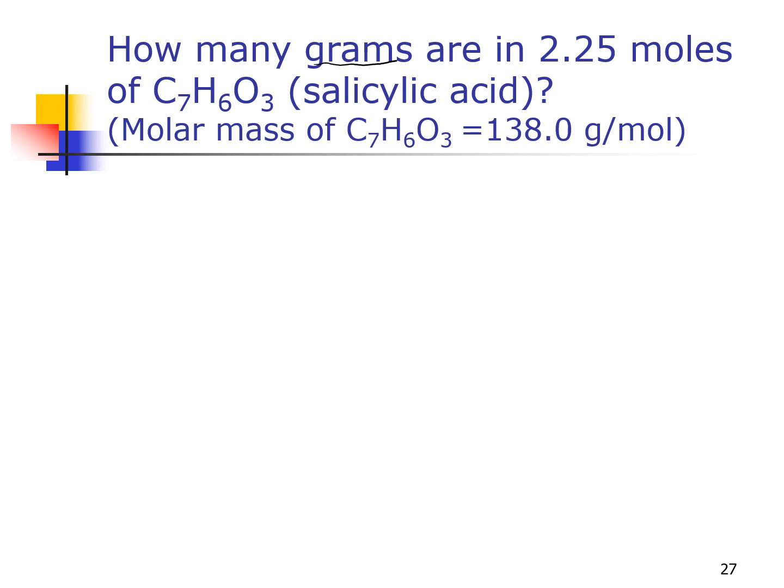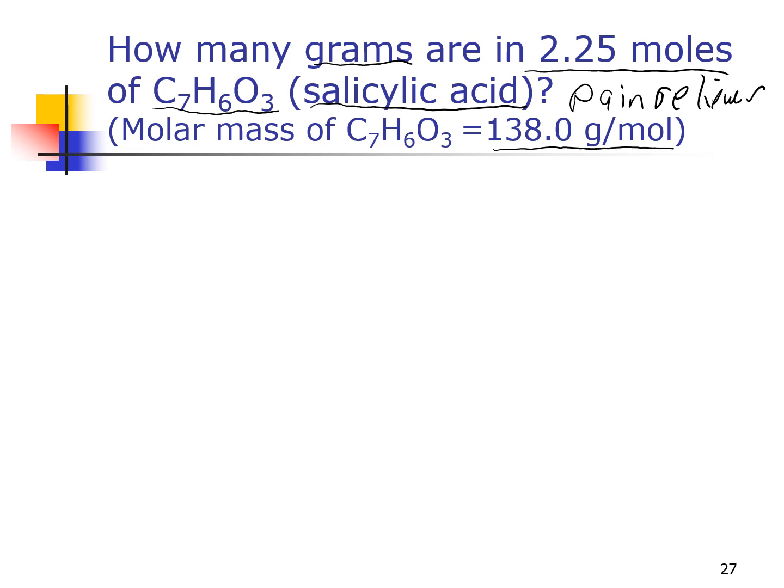How many grams are in 2.25 moles of C7H6O3, which is known as salicylic acid, which is a pain reliever? The molar mass of salicylic acid is given to you, 138.0 grams per mole. Let's start with our plan.